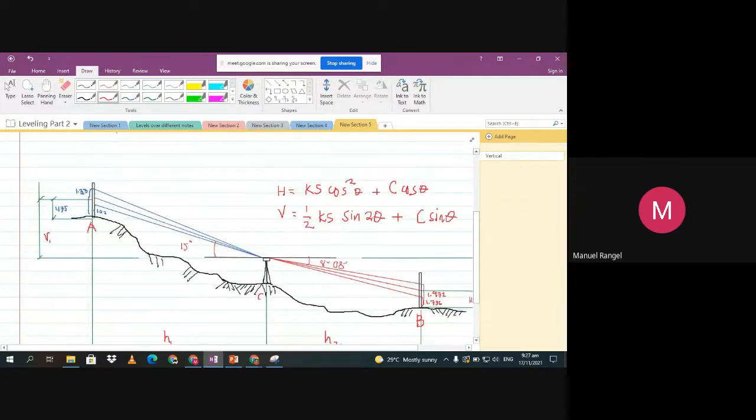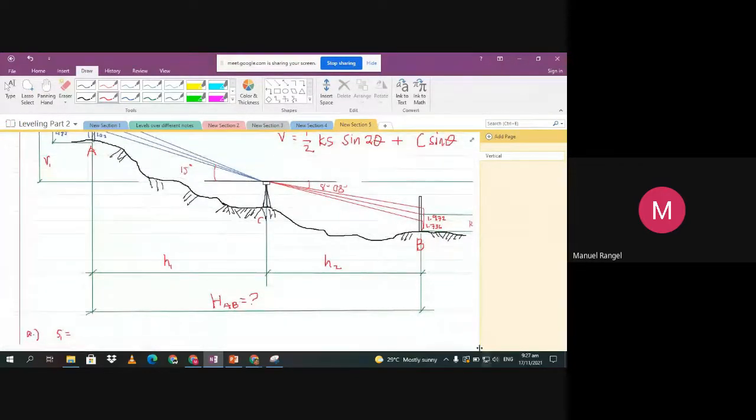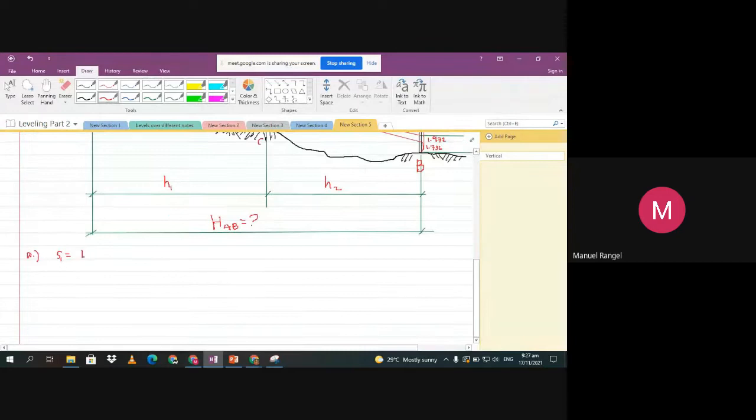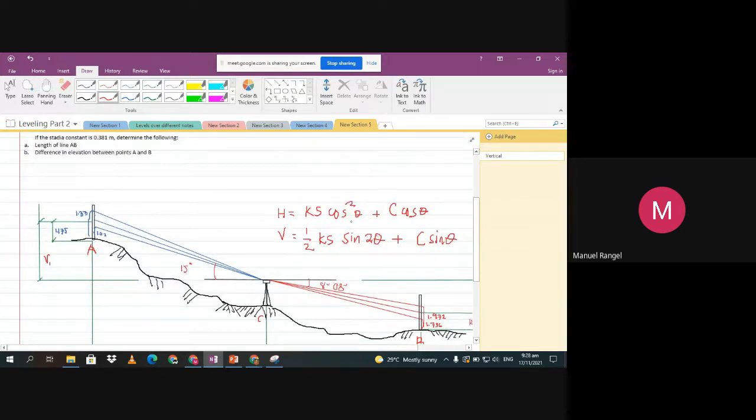Upper reading is 1.33 minus 1.02. S1 is 0.31 meters. Then for H1, we can compute for H1 using this formula, Ks cosine squared theta.